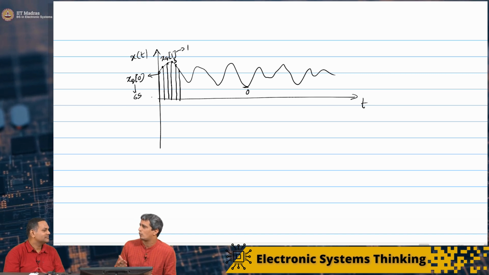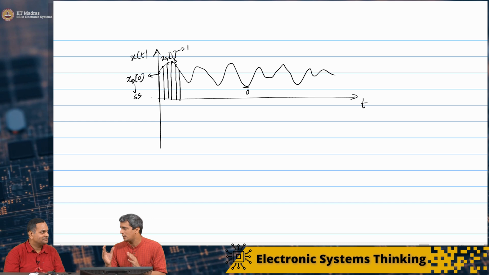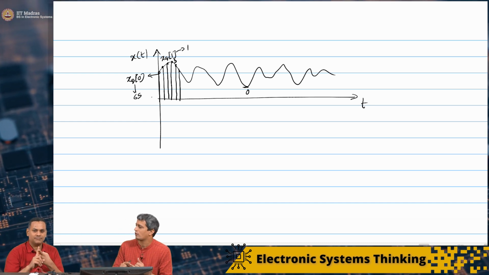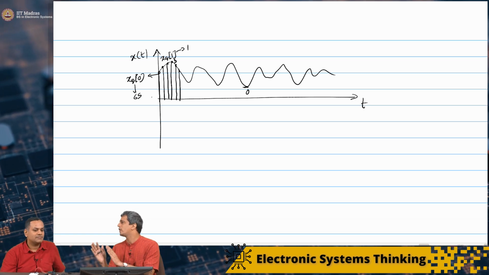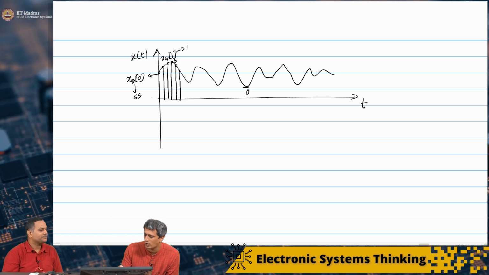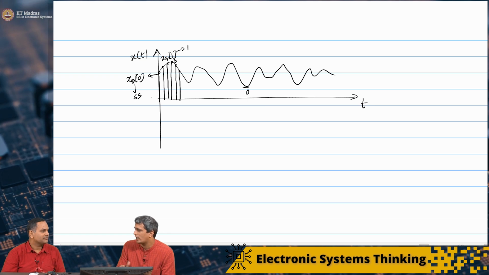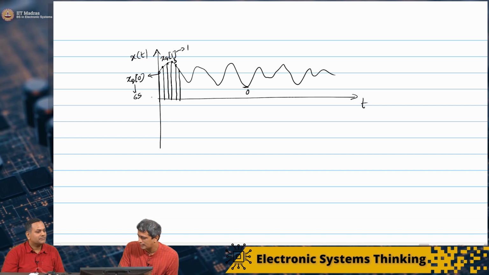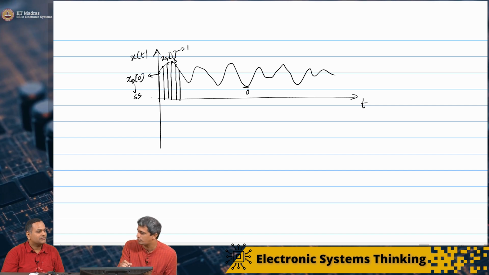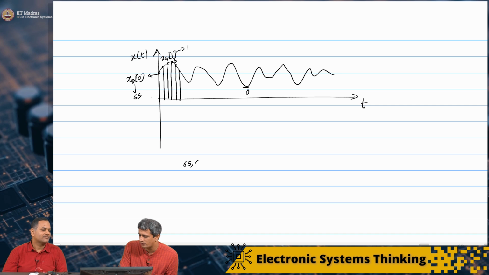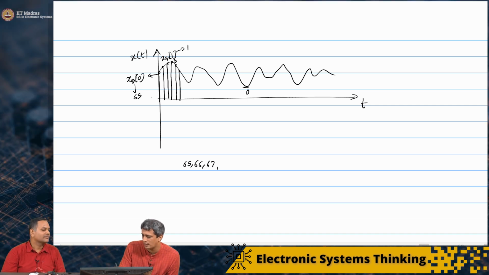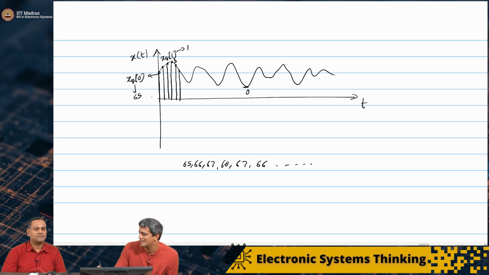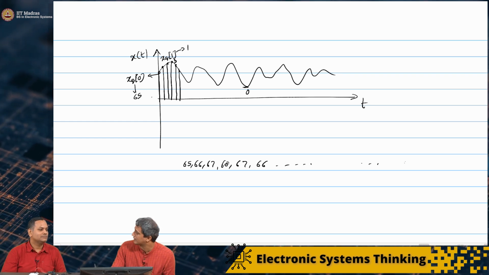Now we are one step closer. I think now we can safely say we have a finite number of time points and finite number of amplitude values. Somehow we can store these numbers. If I were to look at this wave file, I would store this just by these integer values: 65, 66, 67, 68, back to 67, 66, a sequence of numbers like this.